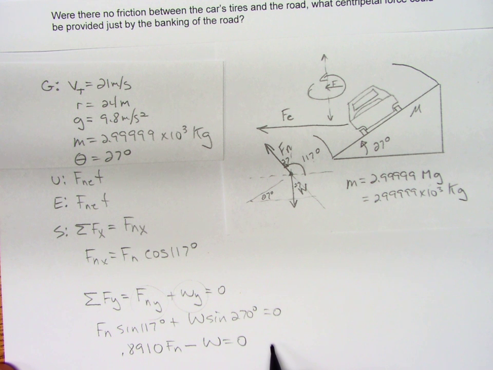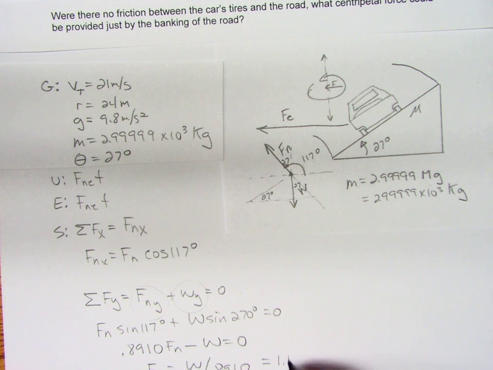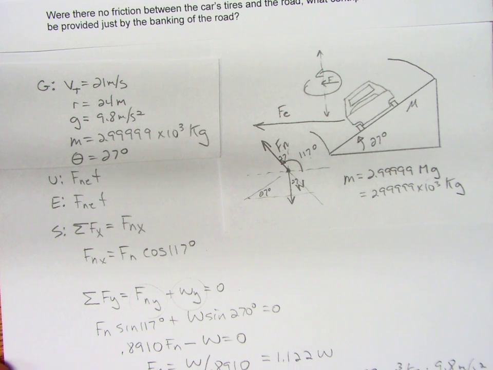So if we move W to the other side and divide both sides by 0.891, we get Fn is equal to W divided by 0.8910, and that is equal to 1.122 times the weight, right? Weight. And that is equal to 1.122 times the mass, which is 2.99999 times 10 to the 3 kilograms, times 9.8 meters per second squared.